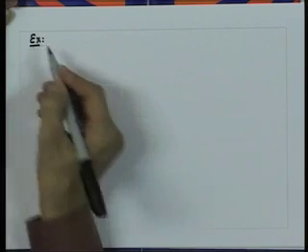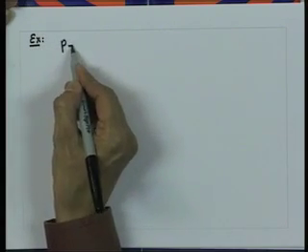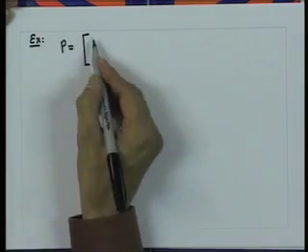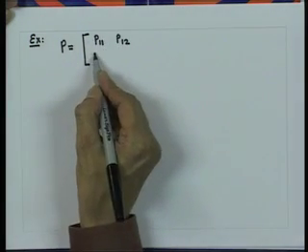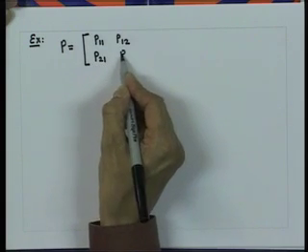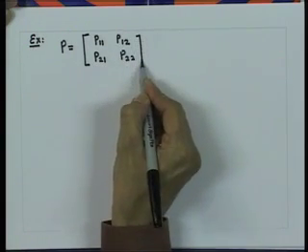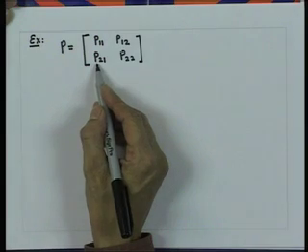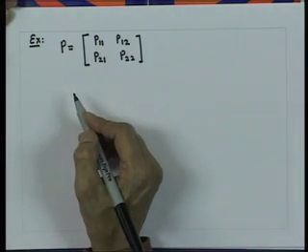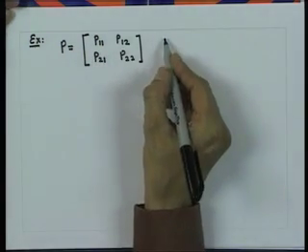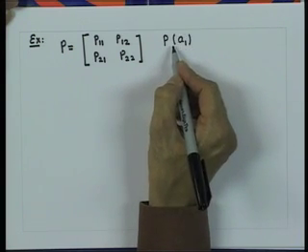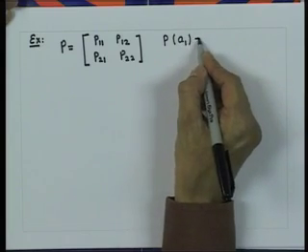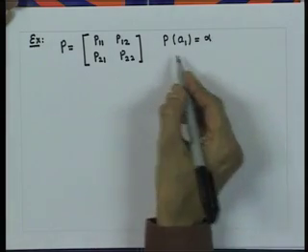So, if we have a binary channel with a channel matrix given by P = [P11, P12; P21, P22], where P12 is not necessarily equal to P21, and we assume that for the input alphabet, P(a1) is equal to alpha.